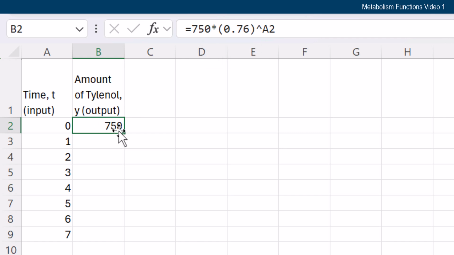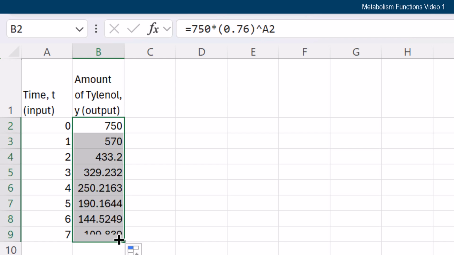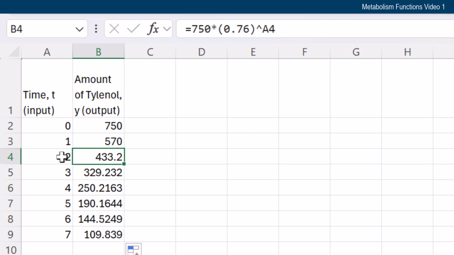All right, so then once we've got that, we're going to go ahead and scroll that formula down, and you can see that the numbers are changing. So if I click, for example, this cell B4, it's telling us that after 2 hours, there are 433.2 milligrams. That matches what we saw on the previous problem. And you can see here in the formula that it is now using cell A4 for our time frame.